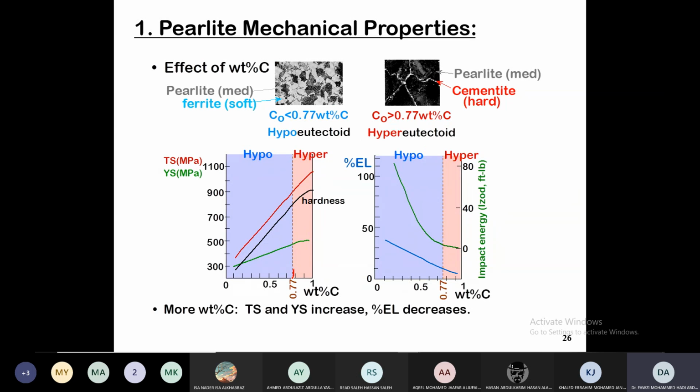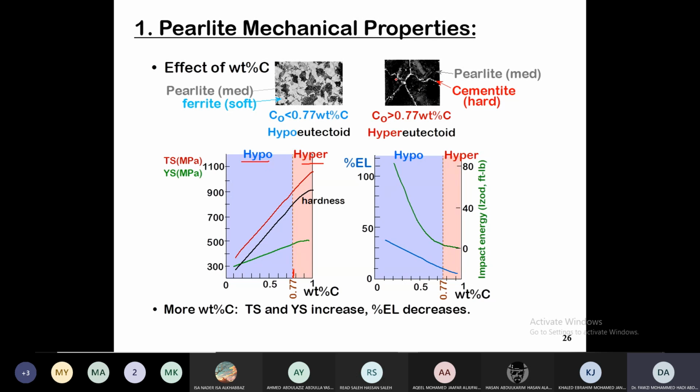This is the eutectoid microstructure. If we are at carbon contents below 0.76, then we have a hypoeutectoid microstructure, which looks like this. Mostly you have the ferrite phase and the perlitic structure. In the case of hypereutectoid, we basically have the cementite and then the perlite.